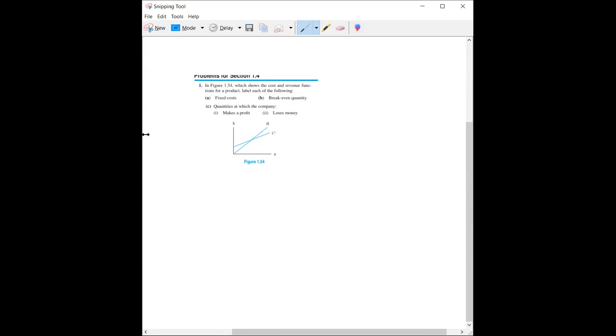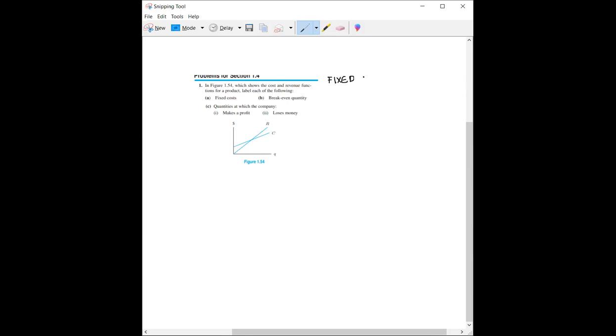We have a cost function and we have a revenue function. They are given to us as lines on this graph. Let's label what our fixed costs are. What are our fixed costs? Or what are fixed costs conceptually?